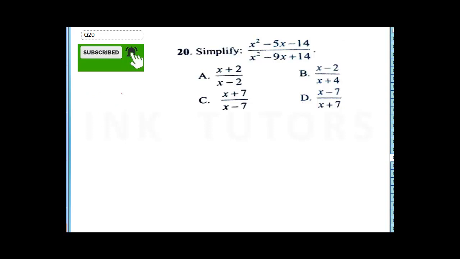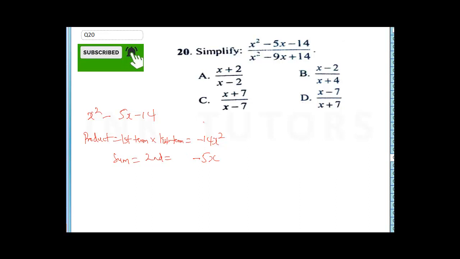Now for instance, for x squared minus 5x minus 14, our product is first term times last term, which is minus 14x squared. Our sum is the second term, which is minus 5x.